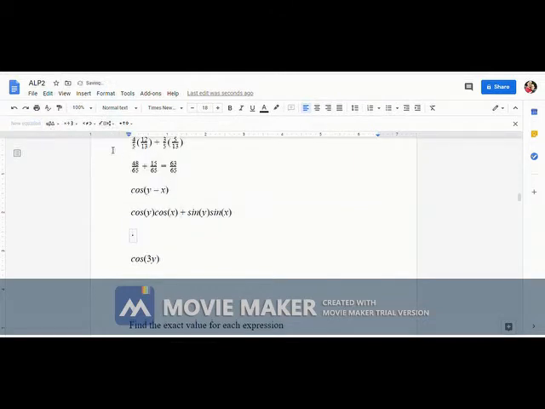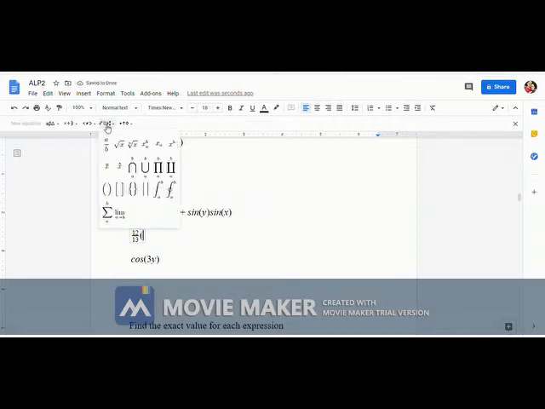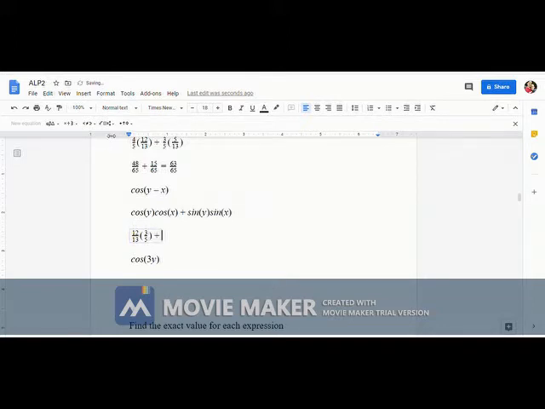We got the fraction 12 over 13 times 3 over 5 plus 5 over 13 times 4 over 5.